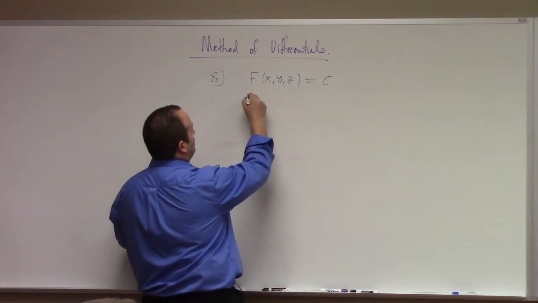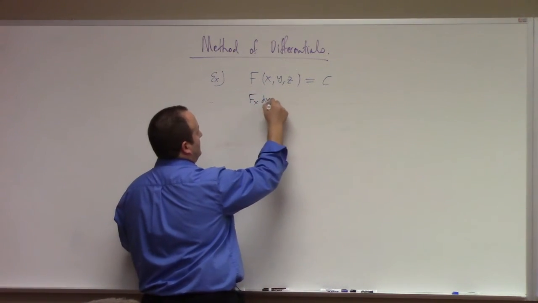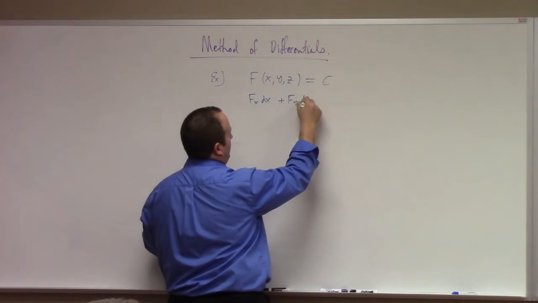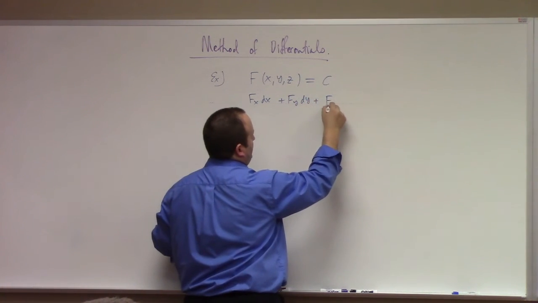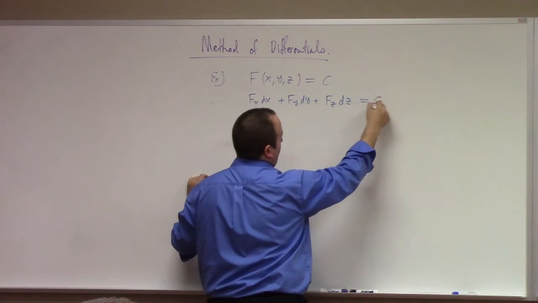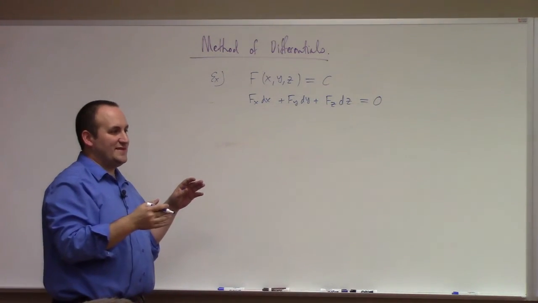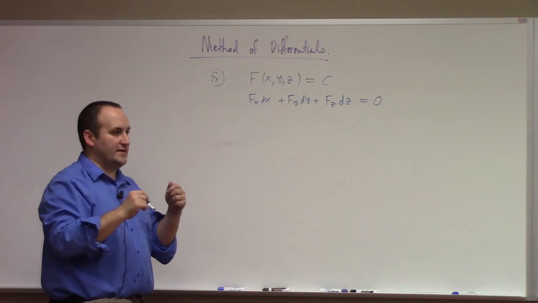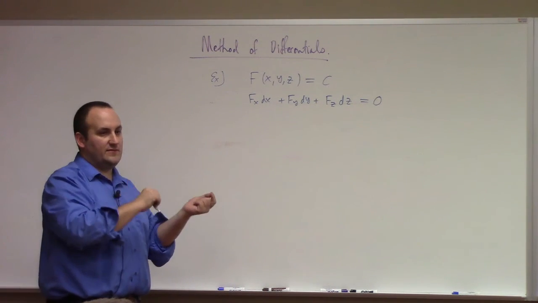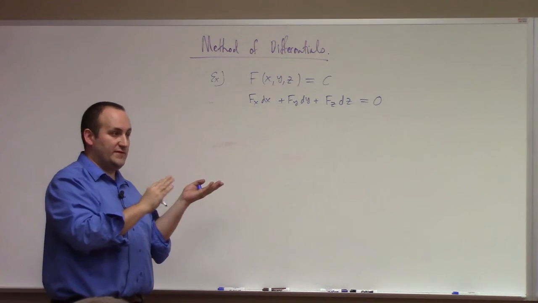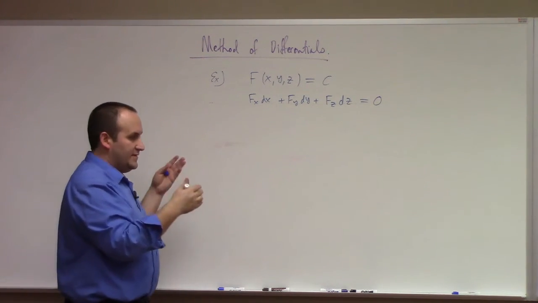I would get fx dx plus fy dy plus fz dz, right? I can solve this for dx, I can solve this for dy, I can solve this for dz, and that will show me different partial derivatives.